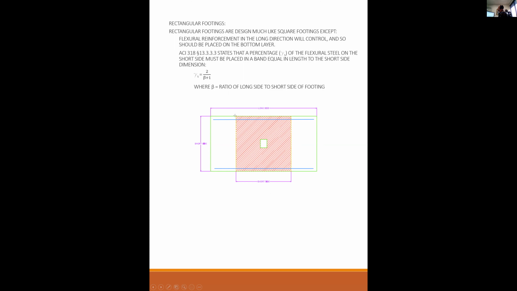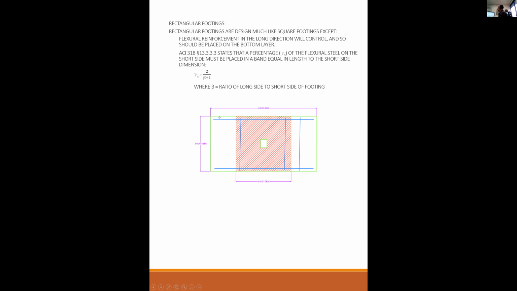So you design the long steel first and put it on the bottom row, and you put the short steel on the top row. But what this is saying is that a percentage of the total steel needs to go in this hatched area, and then the rest of the steel goes out here.